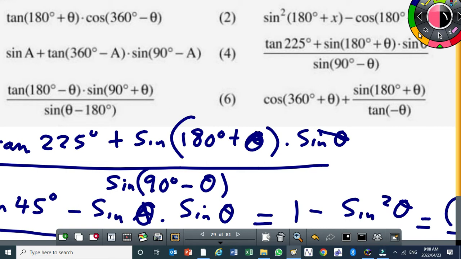When you're converting this one into positive, the two negatives are going to cancel out. Okay, thank you.